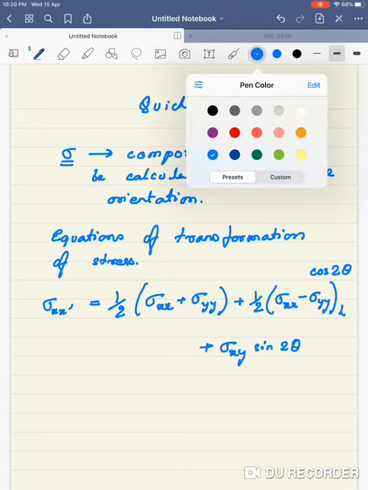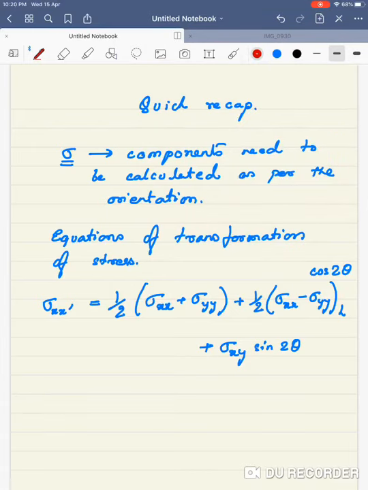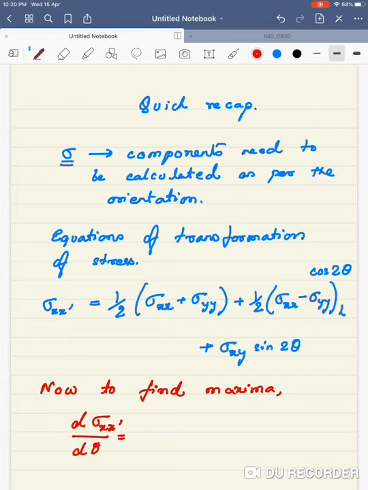Now, we know that there will be a particular angle or inclination at which sigma xx dash will find a maxima. To find this maxima, we set d sigma xx dash by d theta equal to 0.